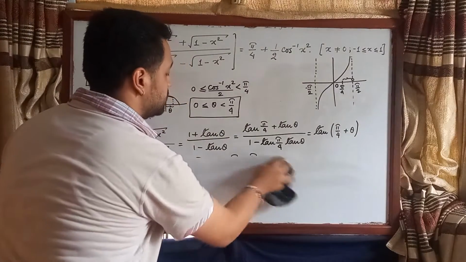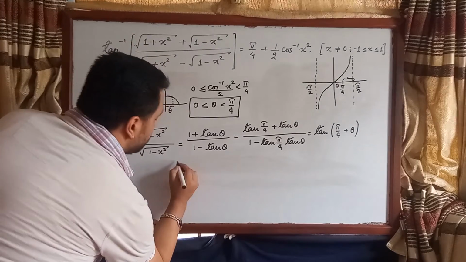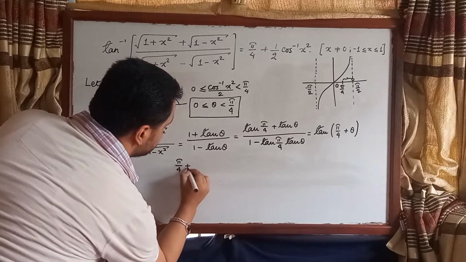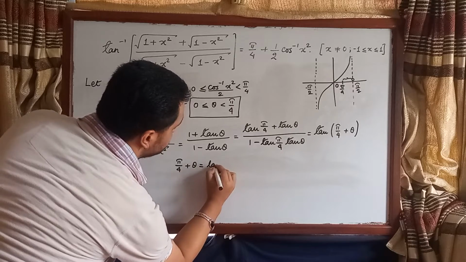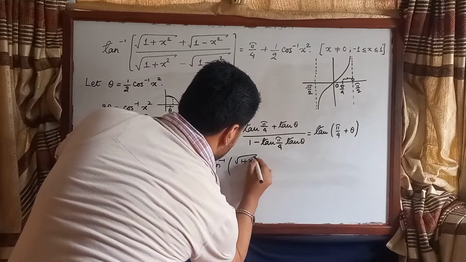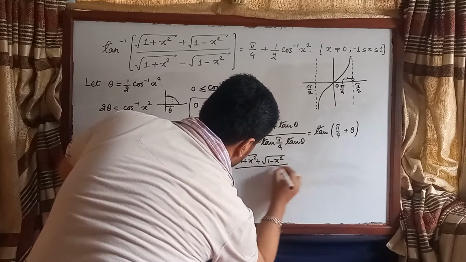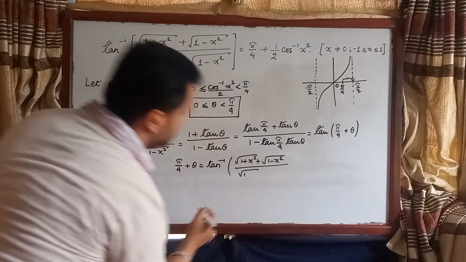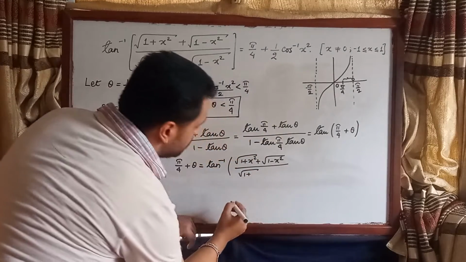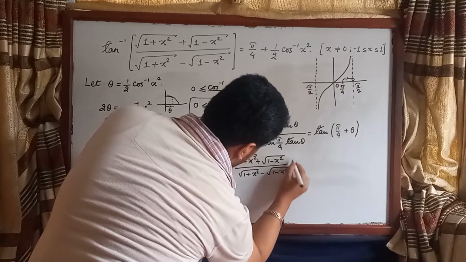Just because of that reason we're allowed to write pi by 4 plus theta is equal to tan inverse of square root of 1 plus x squared plus square root of 1 minus x squared over square root of 1 plus x squared minus square root of 1 minus x squared.